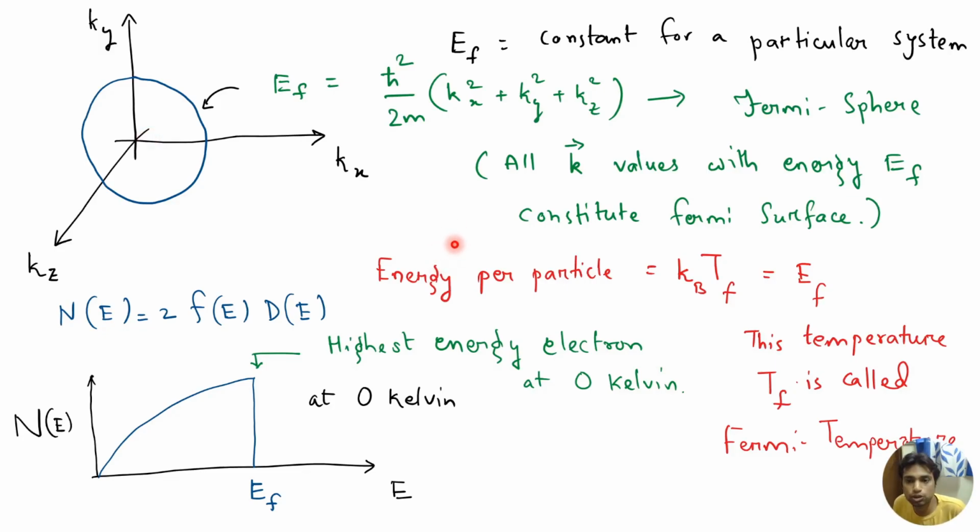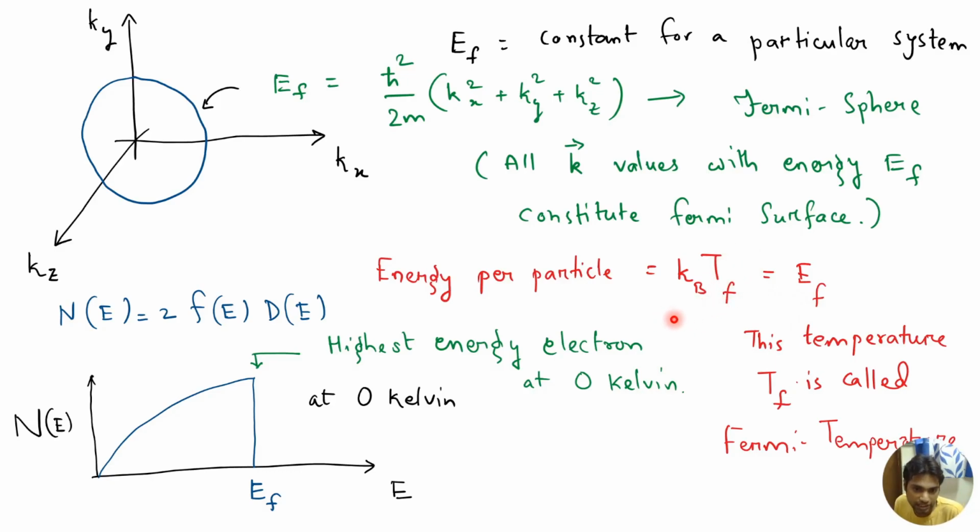So we define something called the Fermi temperature. How do we define that? The energy per particle is kBT, where kBT has the units of energy, and when we equate kBT with the energy EF, the temperature that we get is called the Fermi temperature.